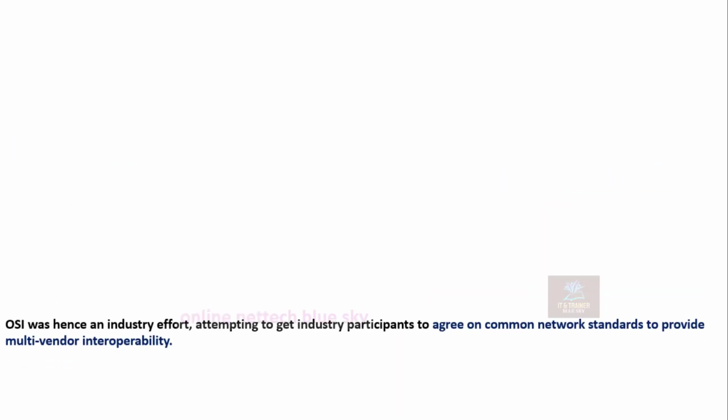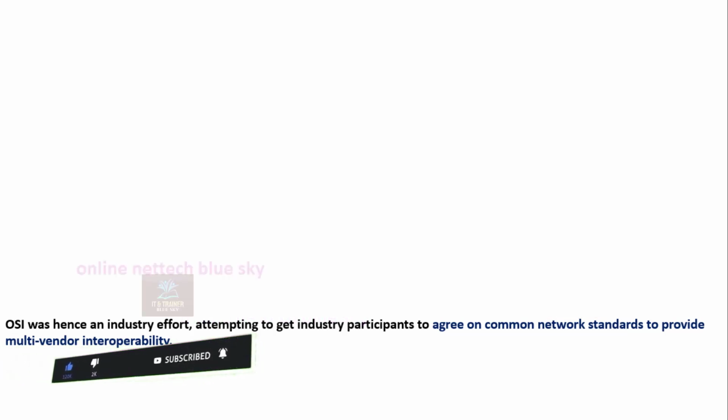So you can see OSI was a hands-on industry effort attempting to get industry participants to agree on a common network standard to provide multi-vendor interoperability. So a lot of the industry came together in this effort in 1984. Why?